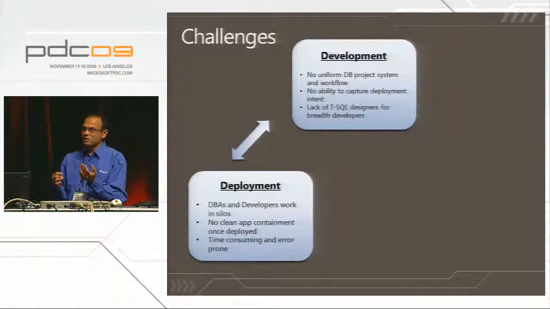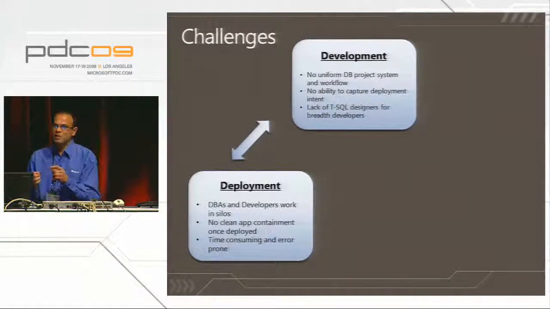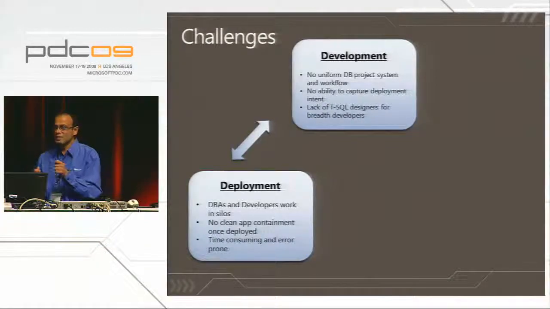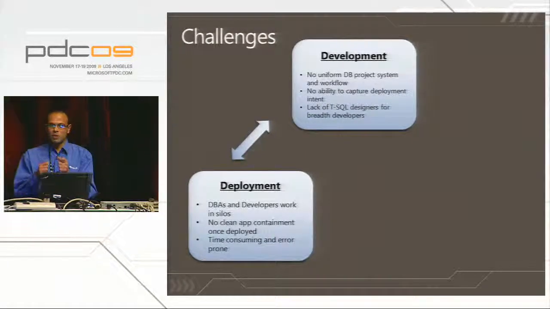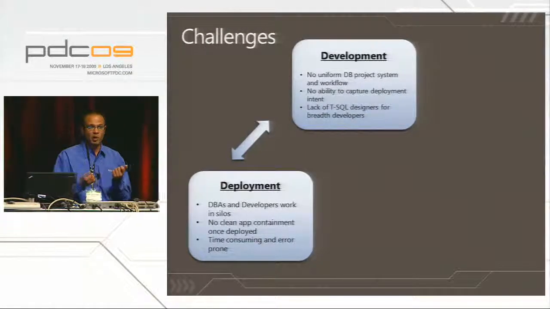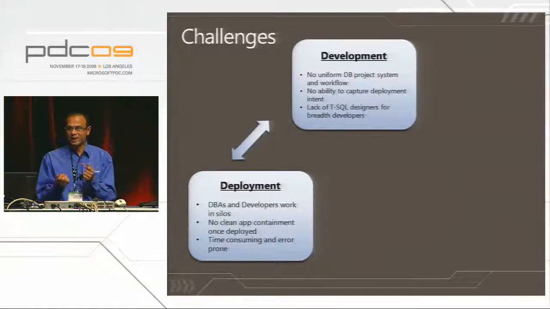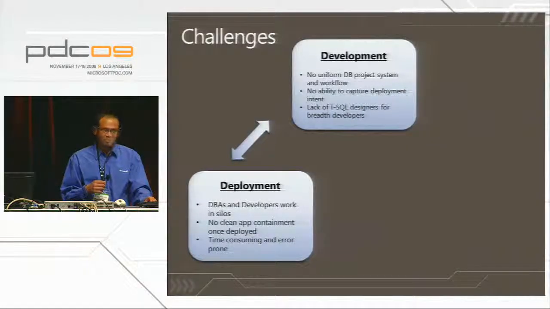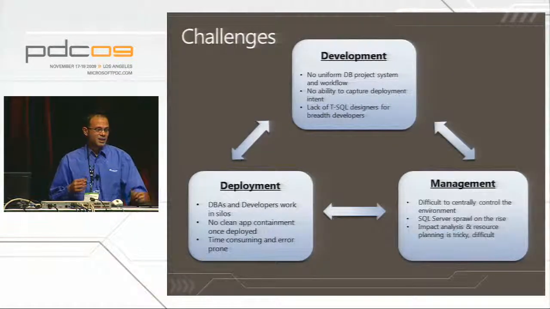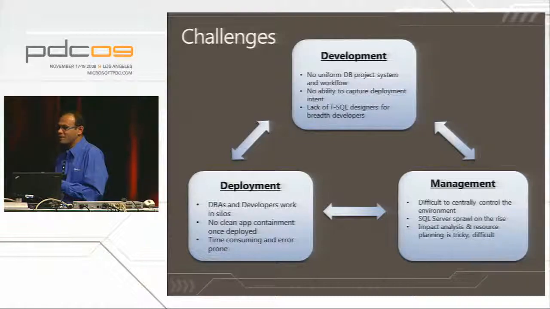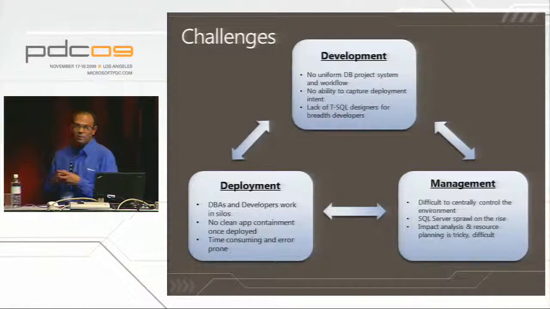The other point was, once the app is deployed, there wasn't really a clean containment model. So for example, if you had to uninstall essentially a deployed data tier application, there wasn't really telling what else might break. Classic problem.